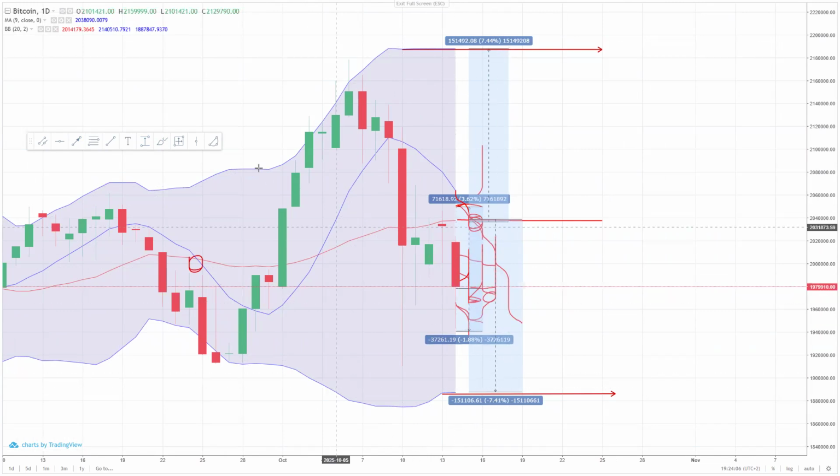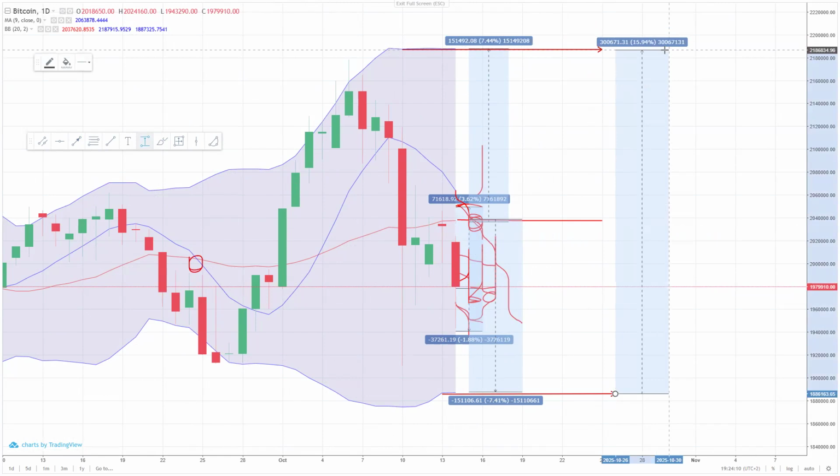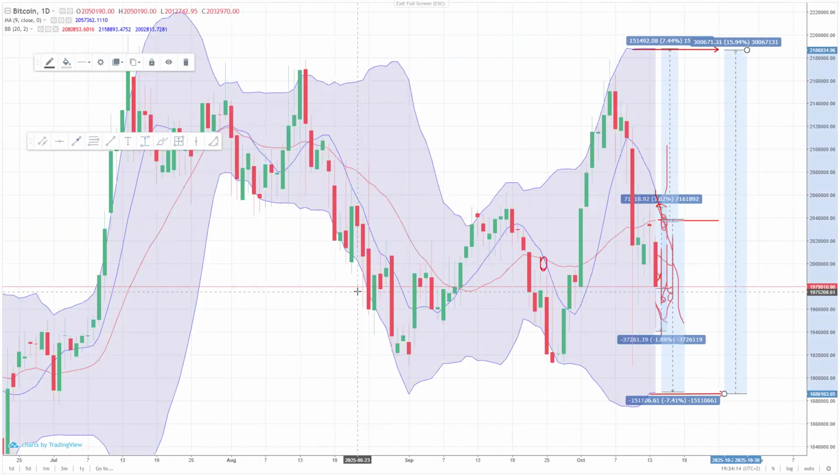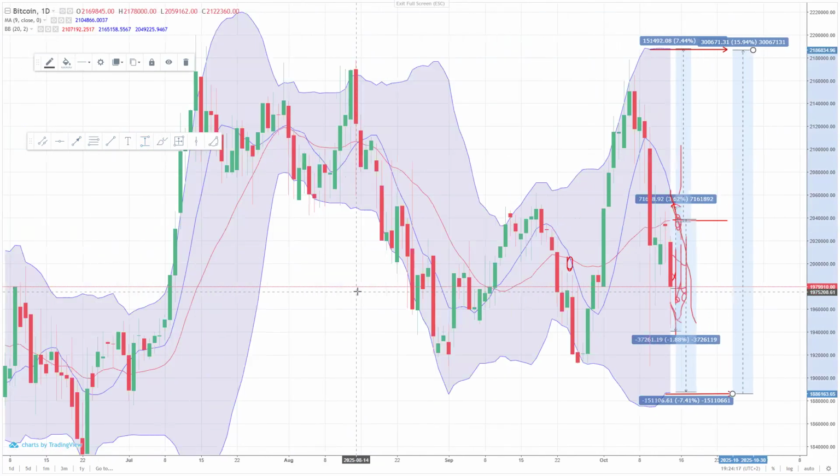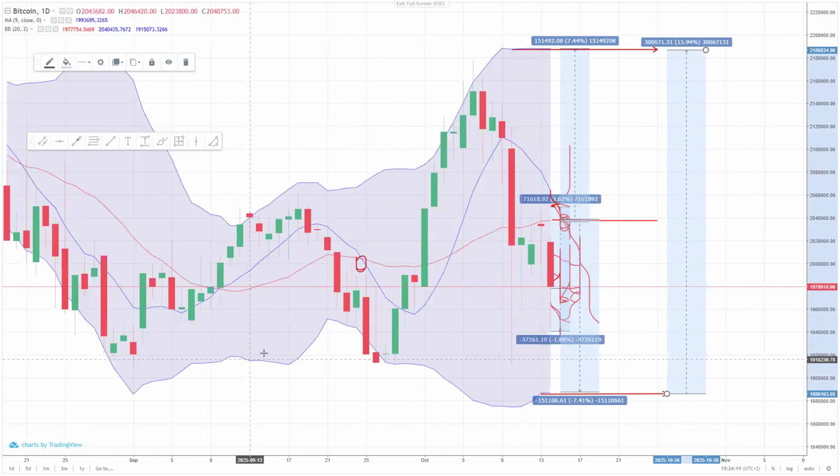So there's going to be lots of activity from bottom to top of around 15%. And what we see right here is possibly we can make some money on the markets in the next few days in the close range.